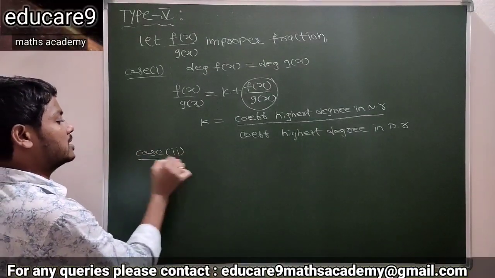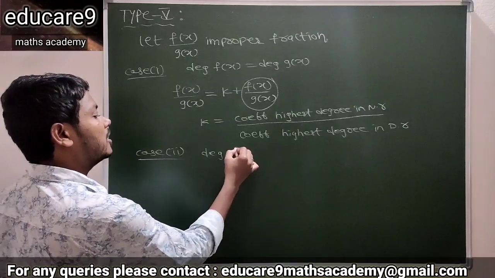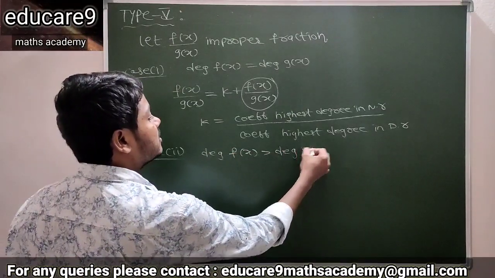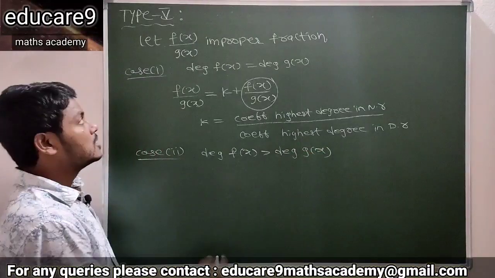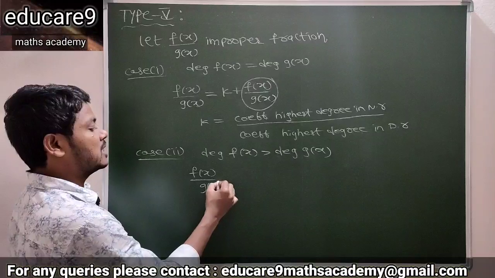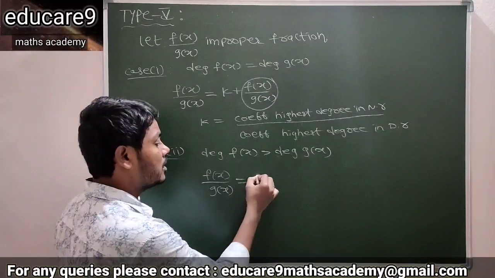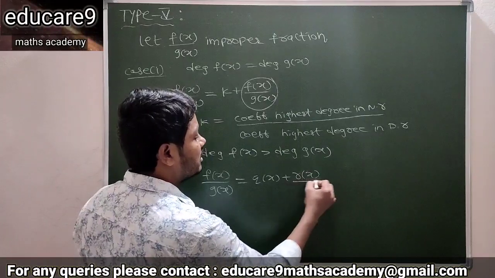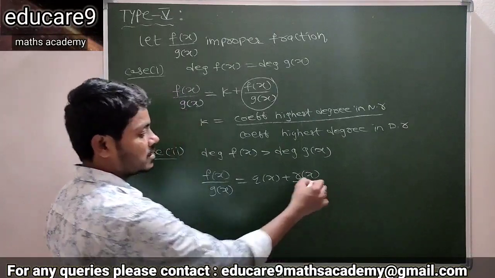What is the second case? Degree of f of x is greater than degree of g of x. So in that case, f of x by g of x can be written as q of x plus r of x divided by g of x. Okay.